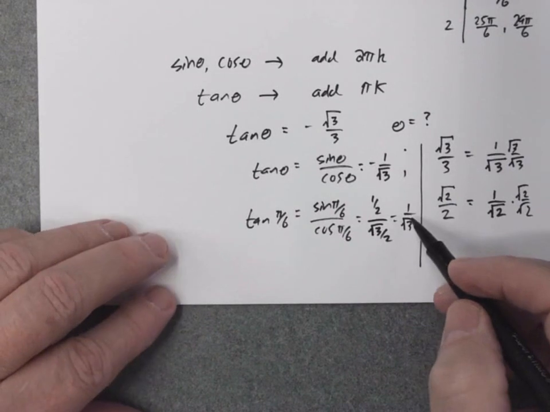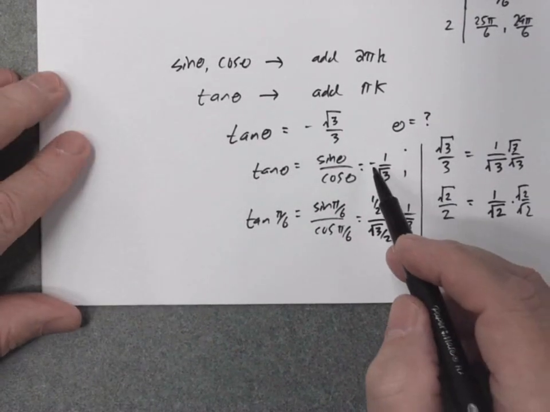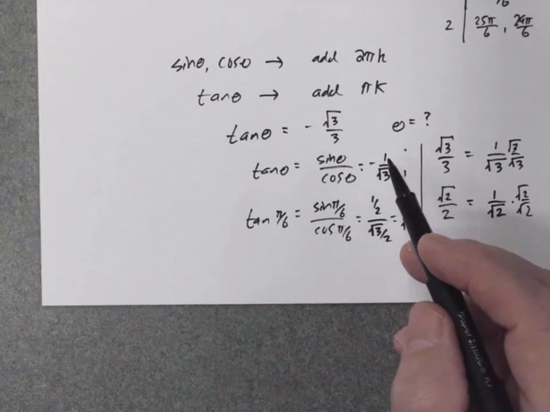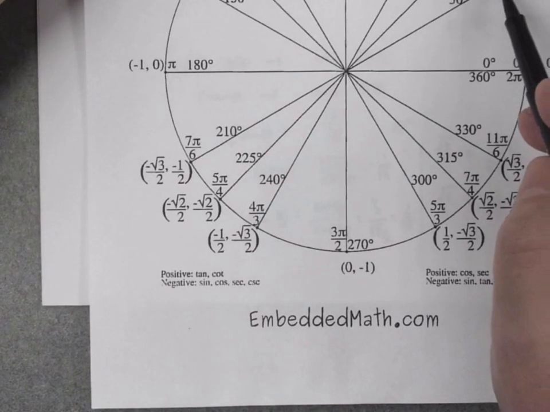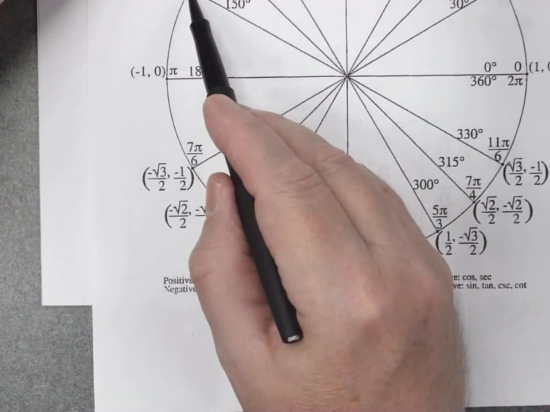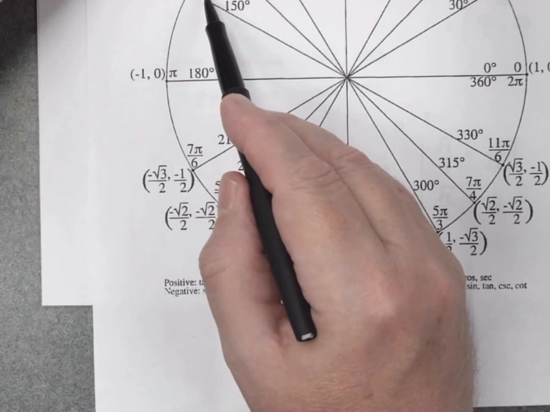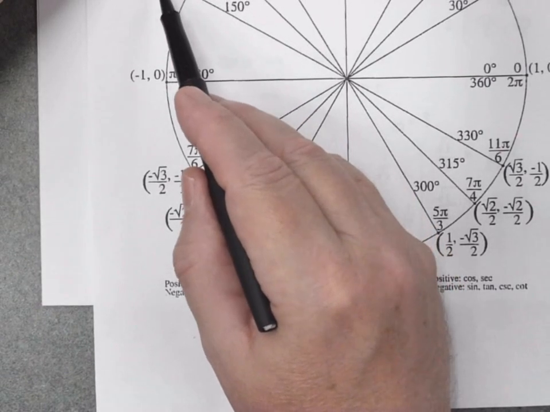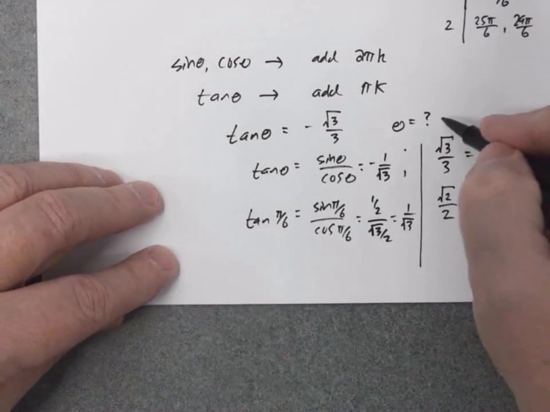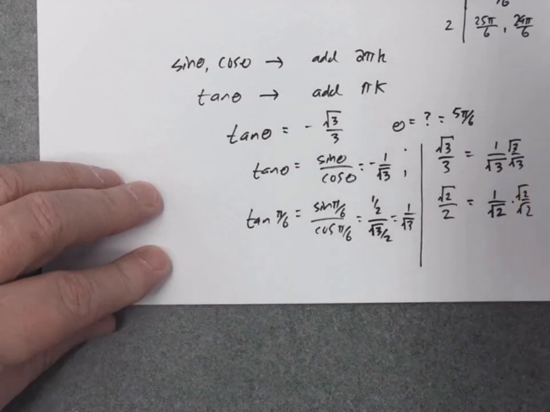Now that's the number I want. However, the twist is, actually, I need it to be negative. But I realize if I go to the reference angle over here, if I were to do the tangent of 5 pi over 6, the number would be the same, except I would have a negative. So the solution to this is actually going to be 5 pi over 6.